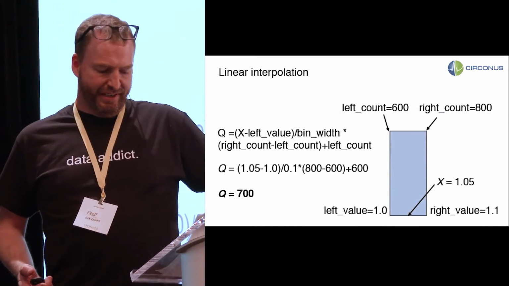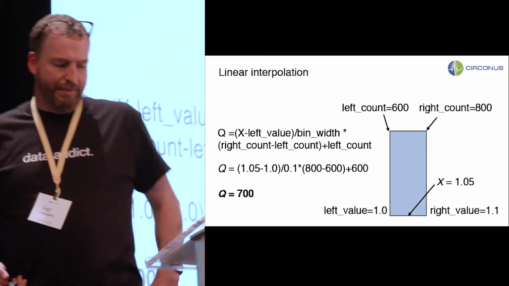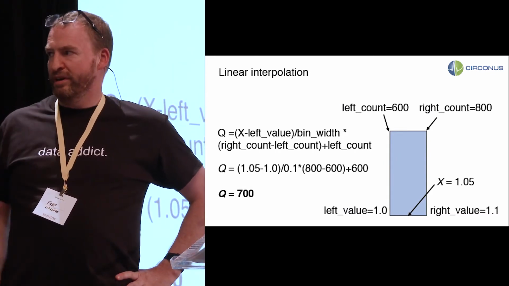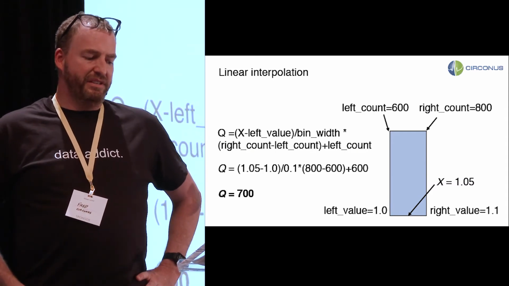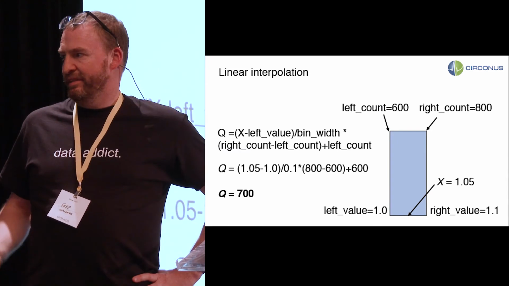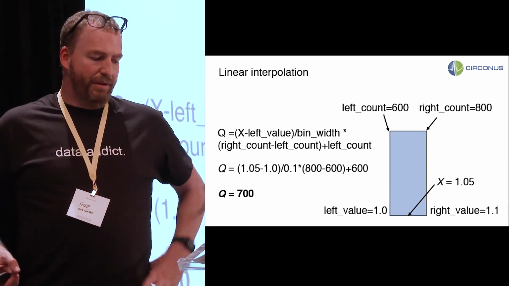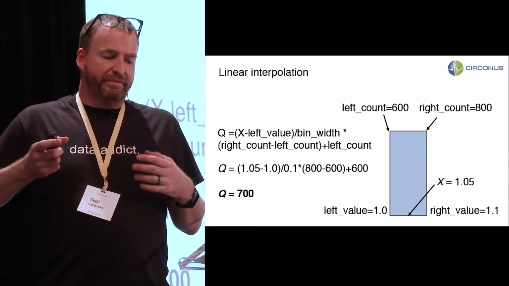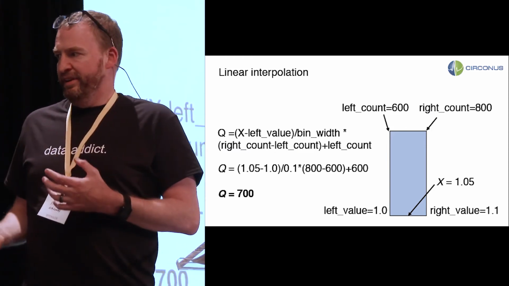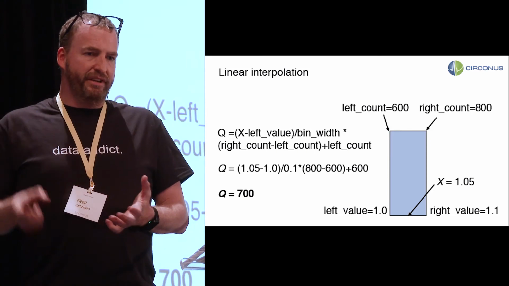So here I've got basically another example of linear interpolation, but instead of having an equation where I try to solve for X, I try to solve for Q, which is the count here. And plugging in the same values from before, I was able to say, okay, if my service level objective is 1.05 seconds, then my value of Q is 700.